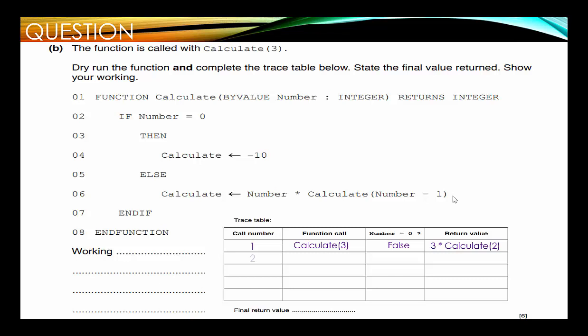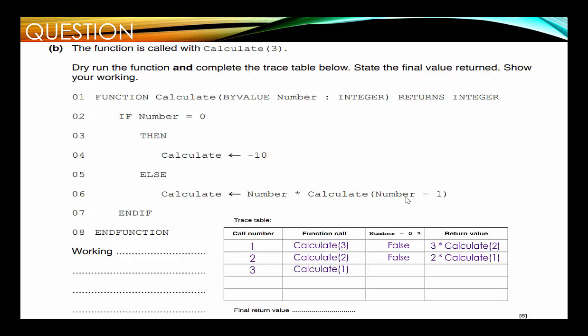So then call number 2 is referring to calculate(2). Does number equal 0? No. 2 doesn't equal 0. That's false. What does calculate(2) return? Well, it returns 2 times calculate(2 minus 1). So that calls calculate(1). So my third call is to calculate(1).